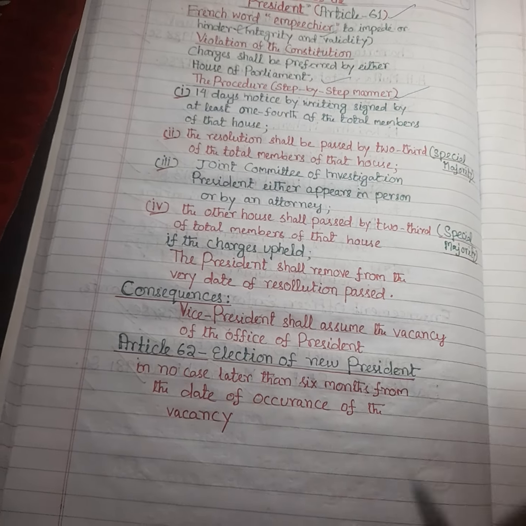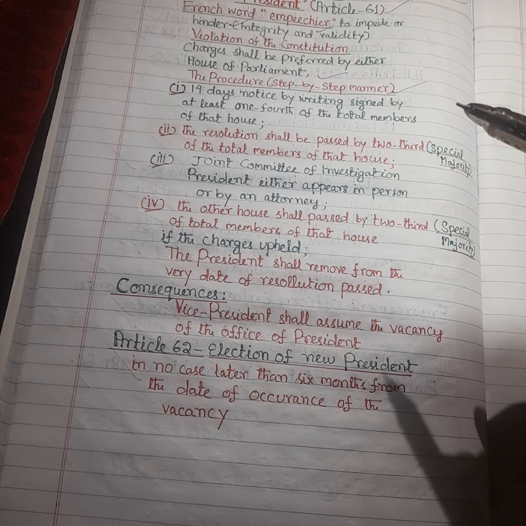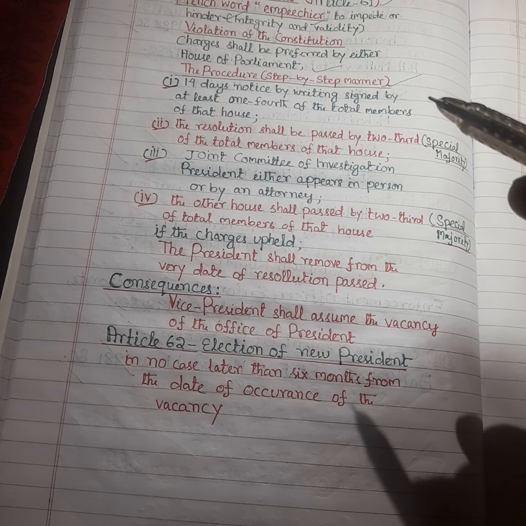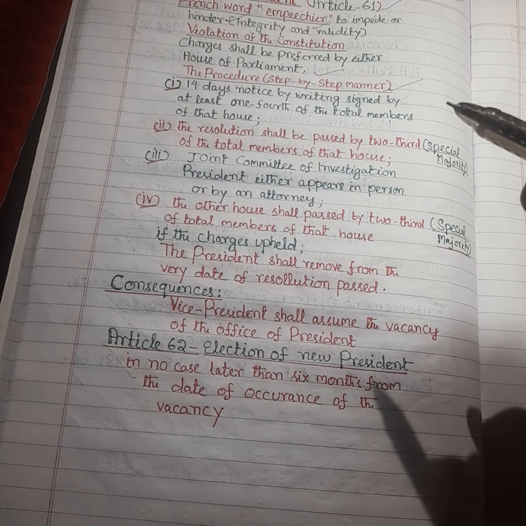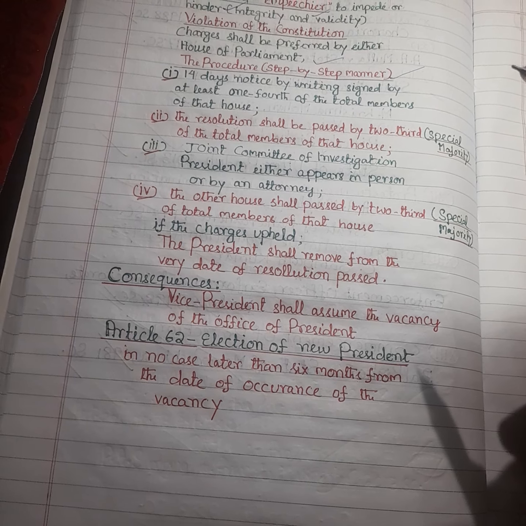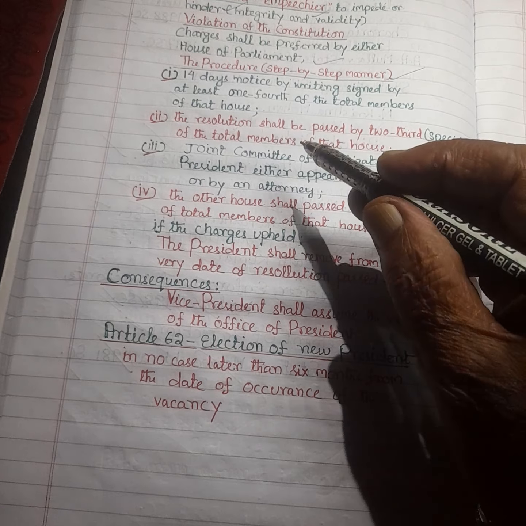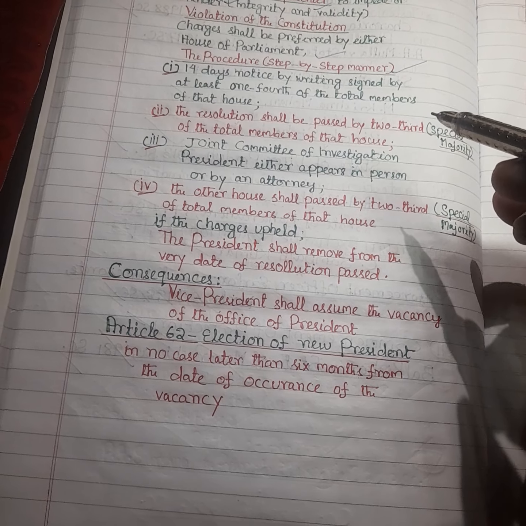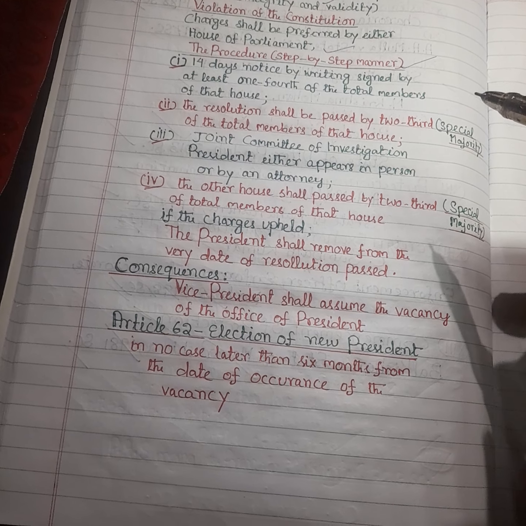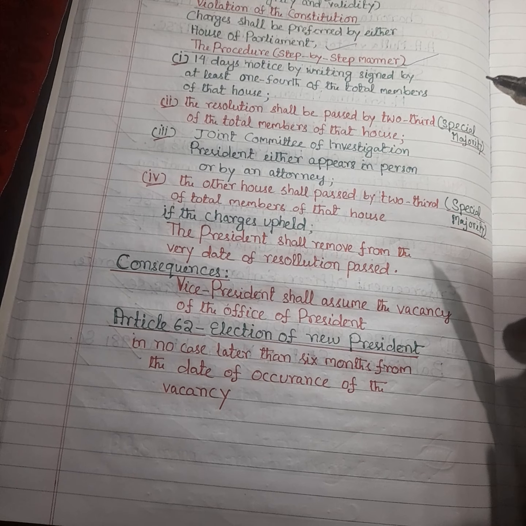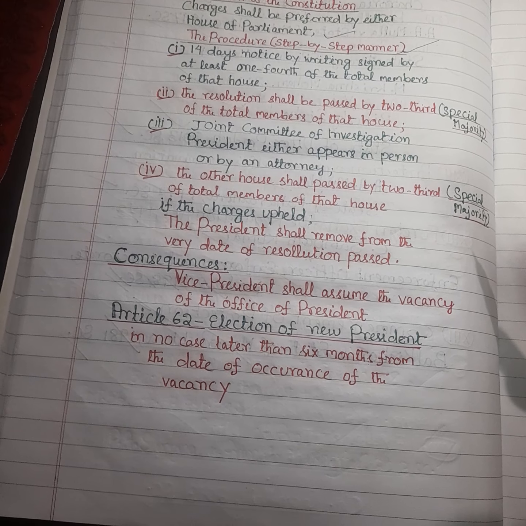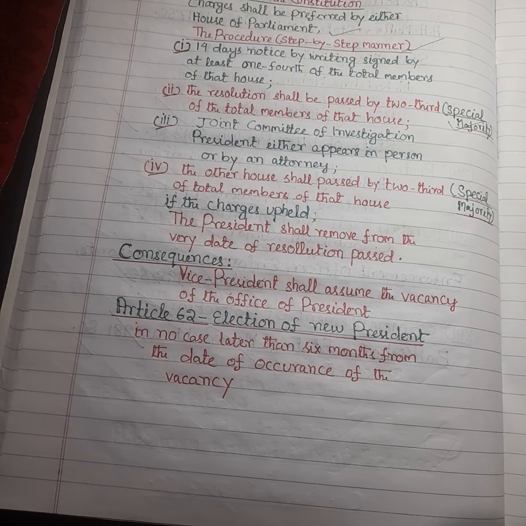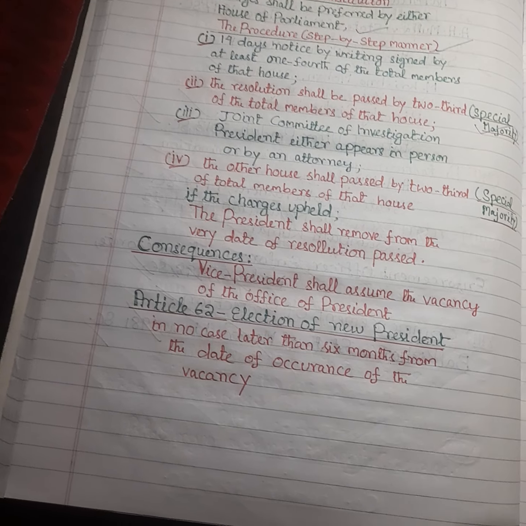And the second step, the resolution containing the charges against the President of India shall be passed by 2/3 of the total members of that house, which makes the charge against the President for violation of the Constitution, and that 2/3 majority is otherwise considered a special majority if it is passed in that house.